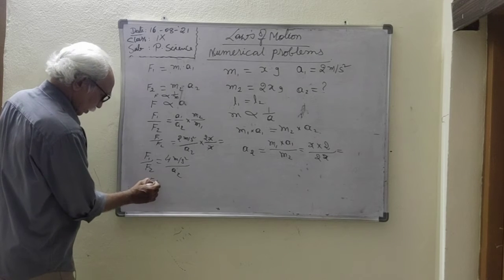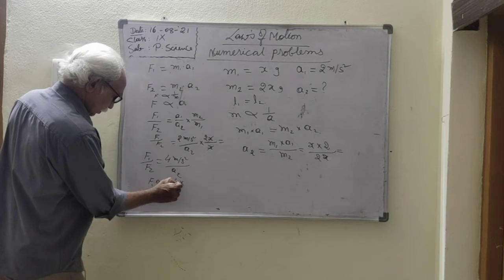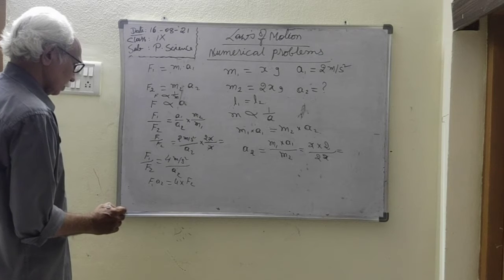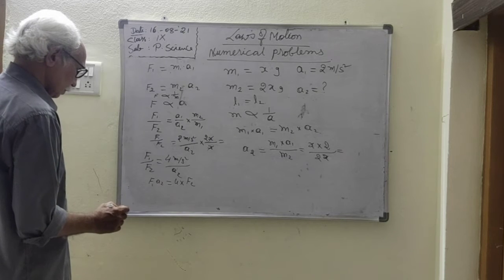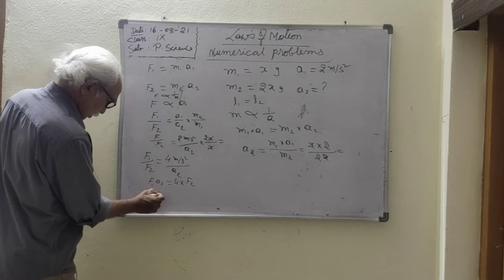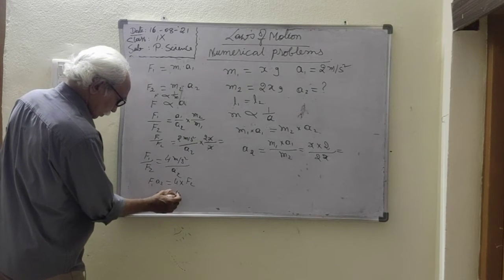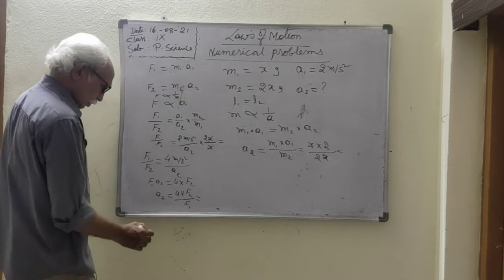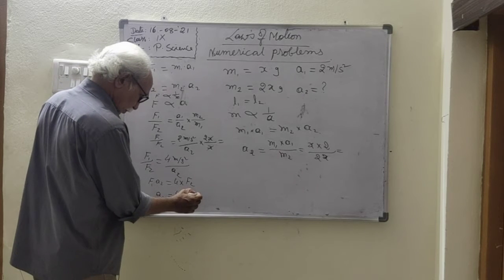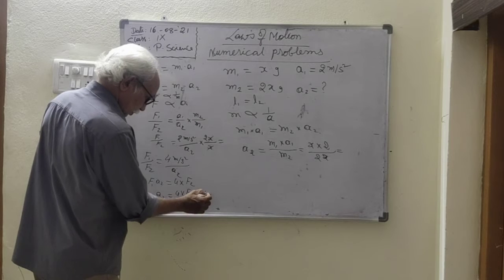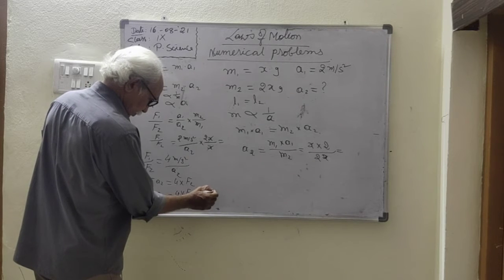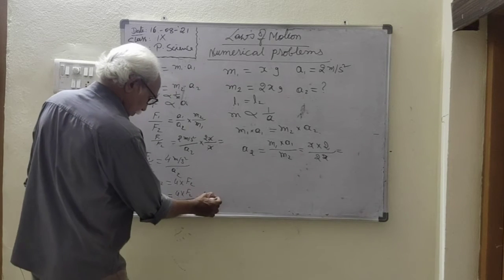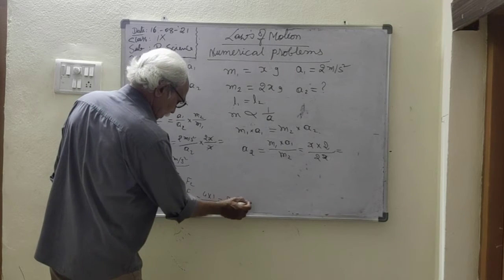Therefore, A2 is equal to 4 into F2 by F1, which is 4 into 1 by 2, equal to 2 meters per second square.